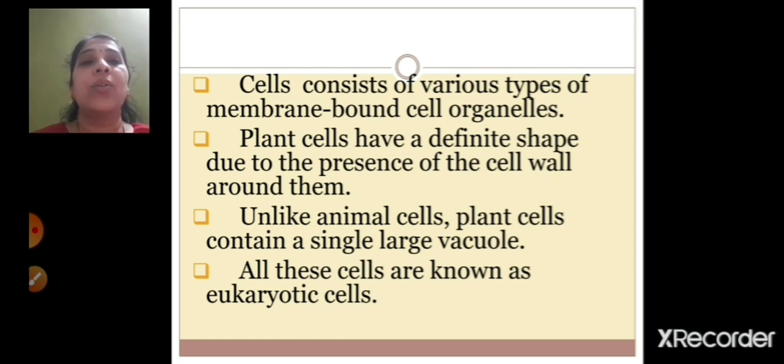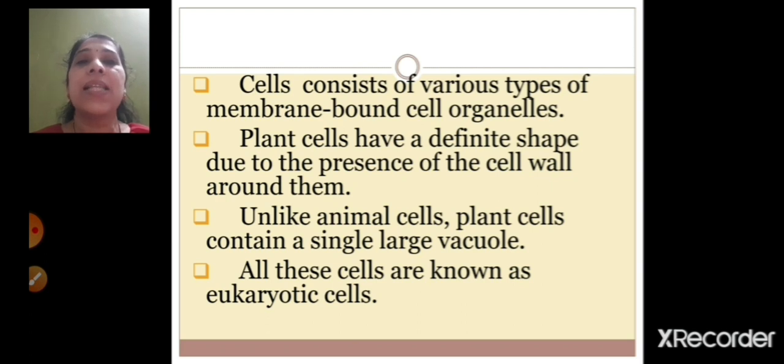So as I told you, because the cell wall is present at the outer covering, the plant cells have a definite shape. And both plant cell and animal cell have various membrane bound cell organelles. As I told you, the cell organelles are mitochondria, lysosome, ribosome, endoplasmic reticulum, right?